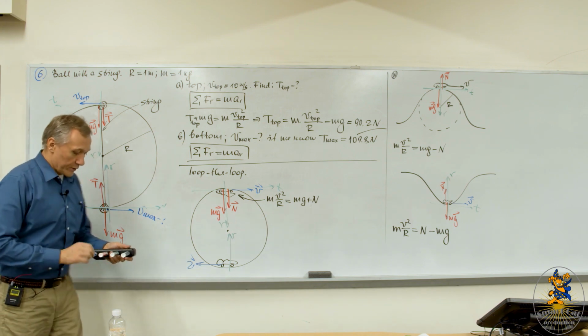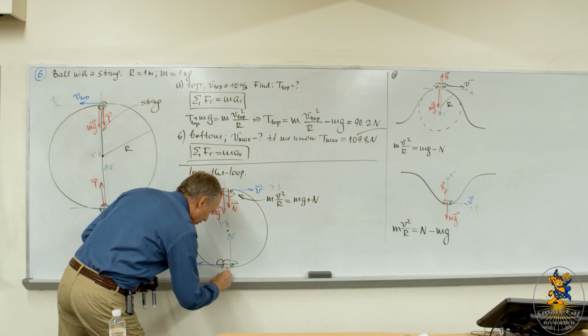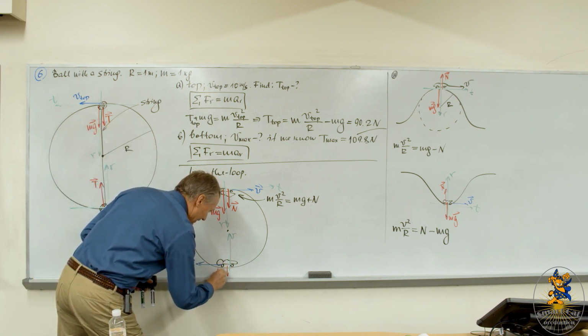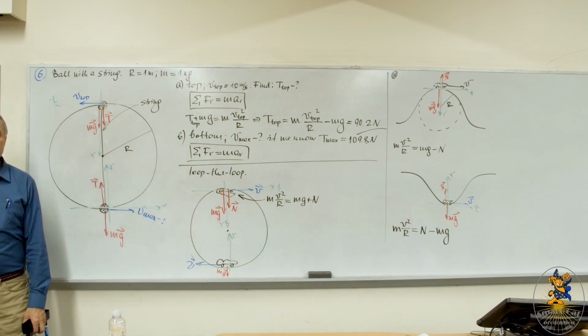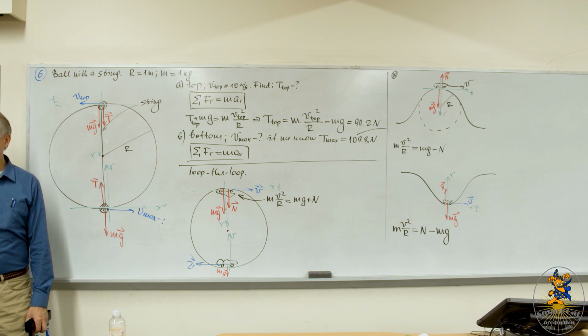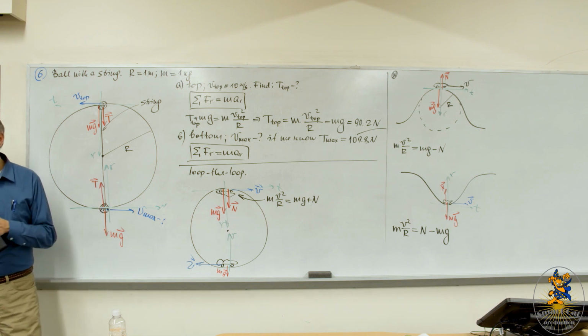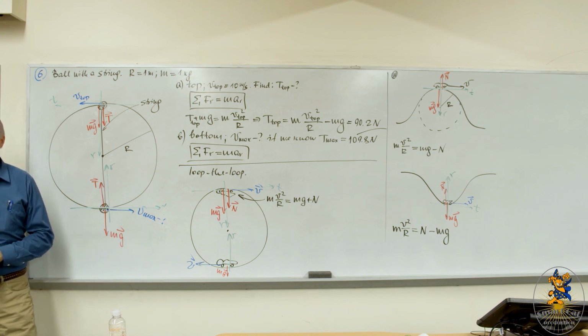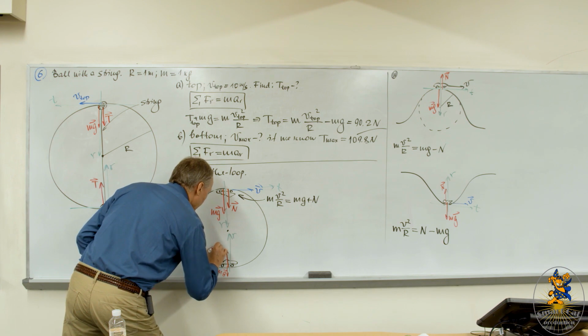And so forces, gravity down, mg, and the normal force now is up because the surface is below. Every time see where the surface is, right? So now normal force is up, right?